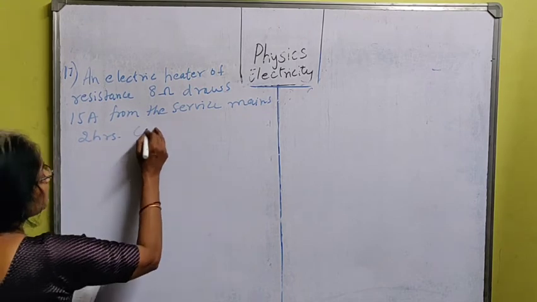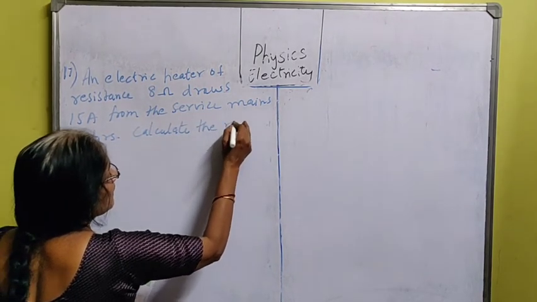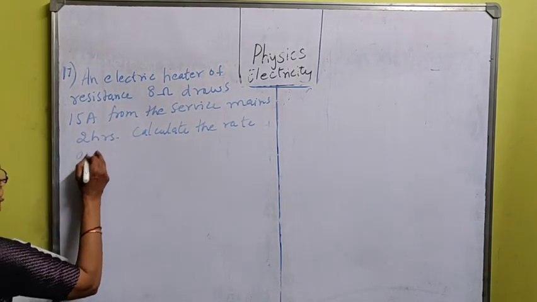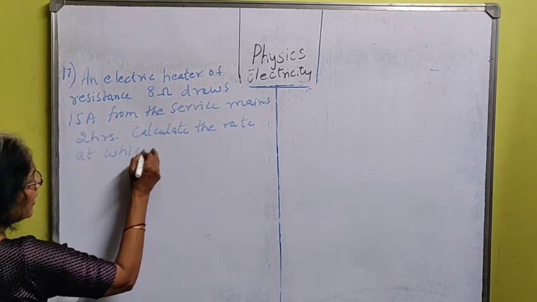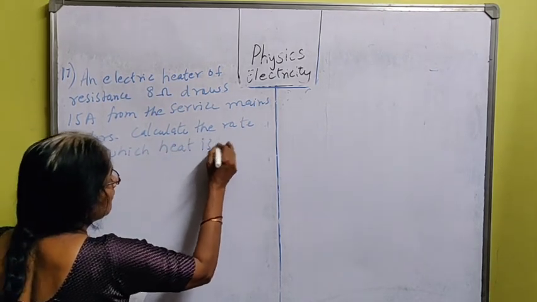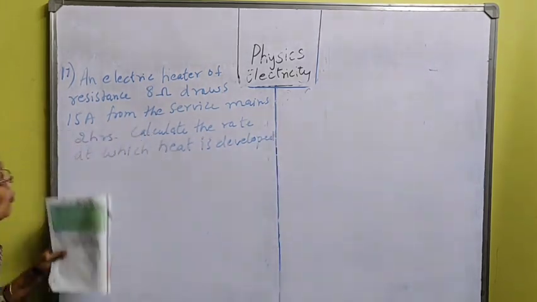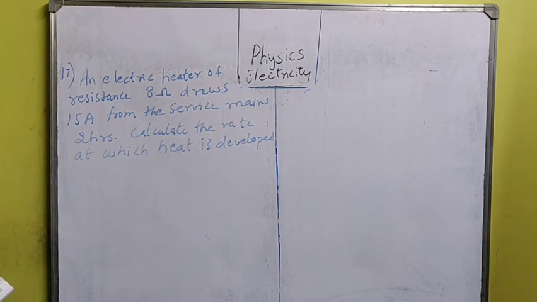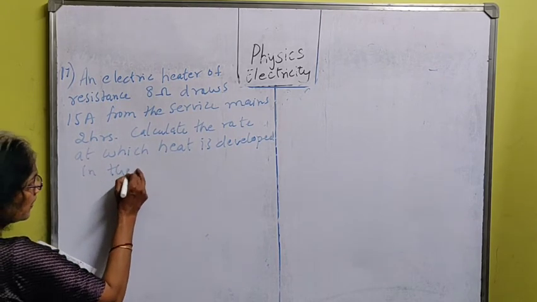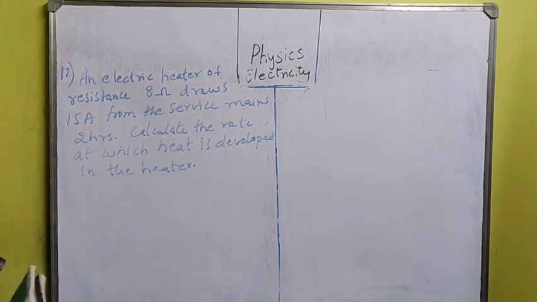Calculate the rate at which heat is developed. So what is developed? Heat is developed. For 2 hours it is continuously running now. Heat developed in the heater. So how much heat is developed in the heater we have to calculate over here.